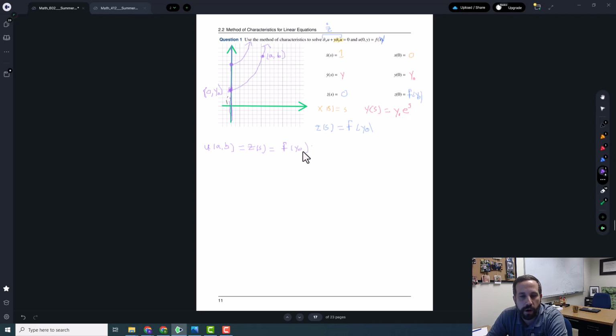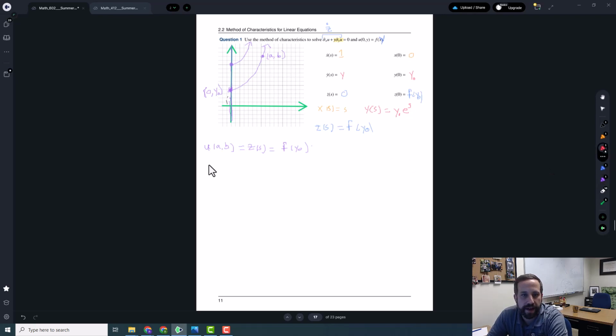Now if I want to figure out u of (a, b), I need to figure out what this y naught is. So I need to reverse it and trace it back to y naught, in terms of a and b. And just like before, I'm going to solve this system of equations.